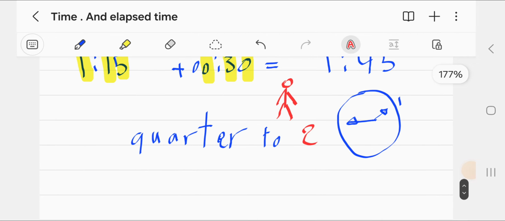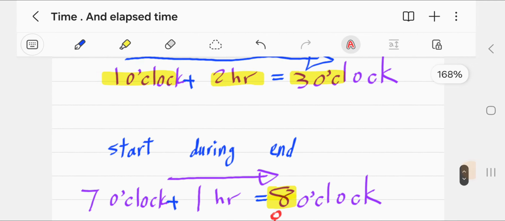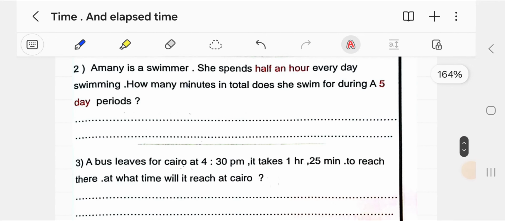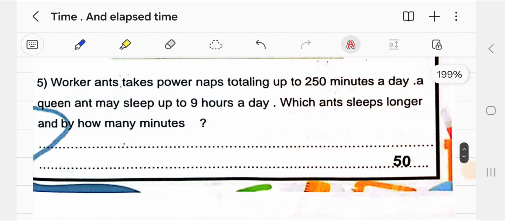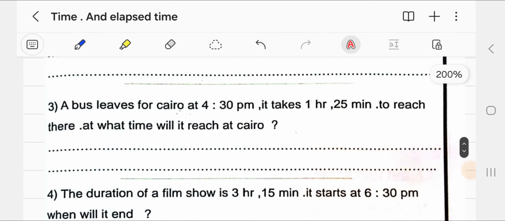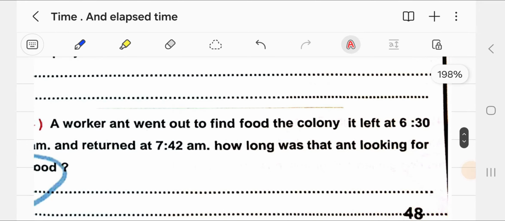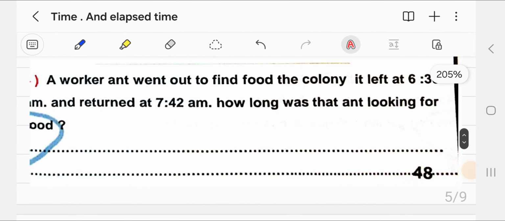Let's solve another exercise. We have more exercises. Let's solve this exercise on page 48. On this page, a worker ant went out to find a food colony.